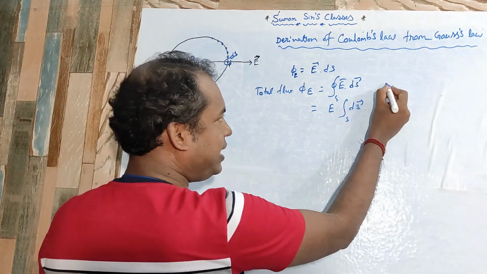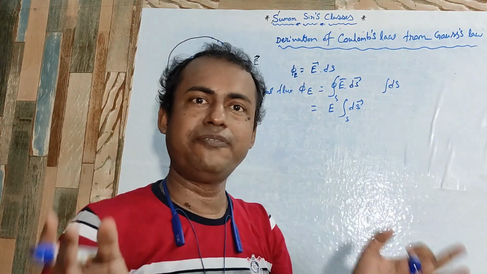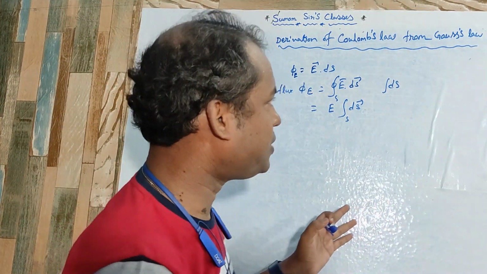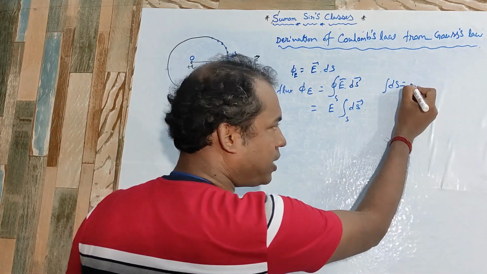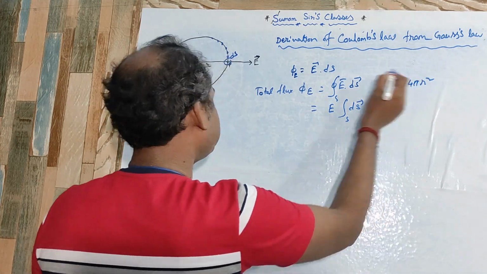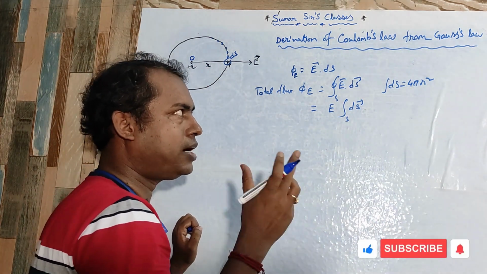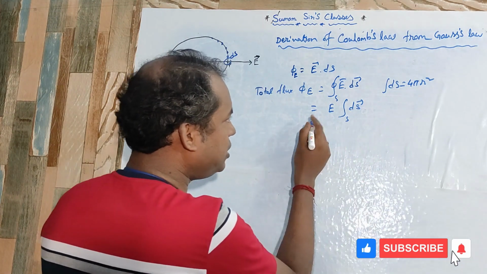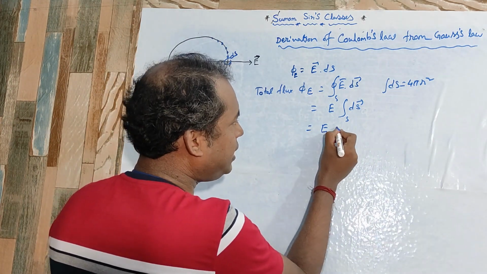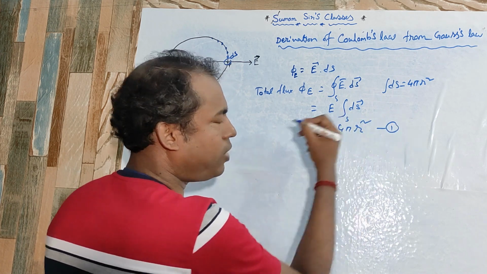So if I integrate ds over the surface of the sphere, that is the area of the sphere, which is 4 pi r square, because the radius of the sphere in this case is r. So just putting the value here, that is equals to E into 4 pi r square. Consider this is equation 1.